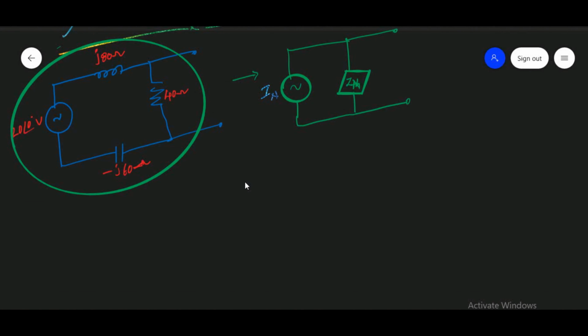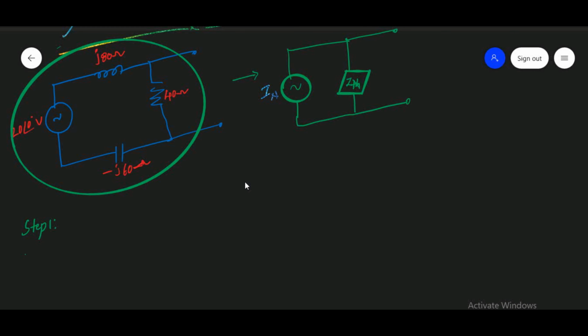What is step one? In Norton's theorem also we have to follow four to five steps. In step one, we have to remove the load resistance and name it RL. Here the load resistance is already removed and made open terminals, so the circuit is given by completing step one.